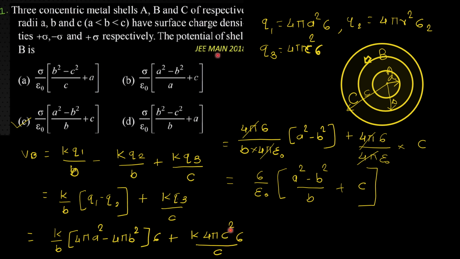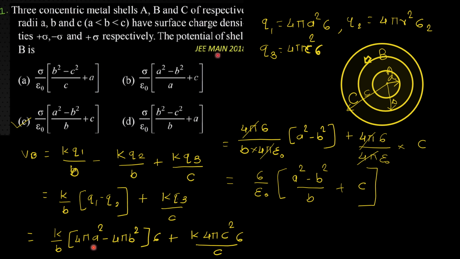Now you can take 4 pi also common. So 4 pi sigma upon b into 4 pi epsilon naught. You can replace the value of k as 1 upon 4 pi epsilon naught. So 4 pi gets cancelled.